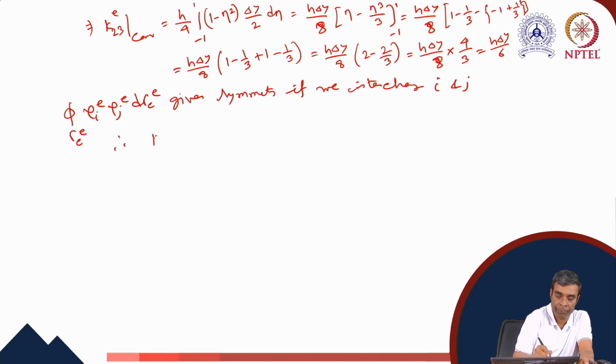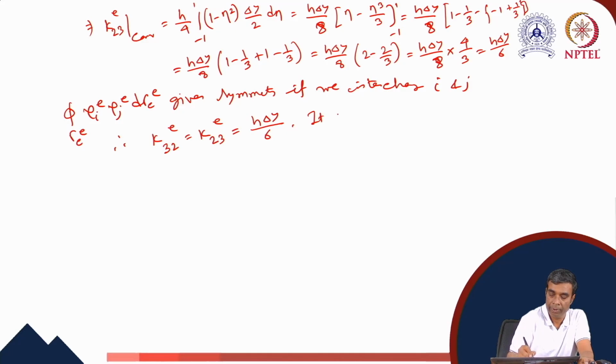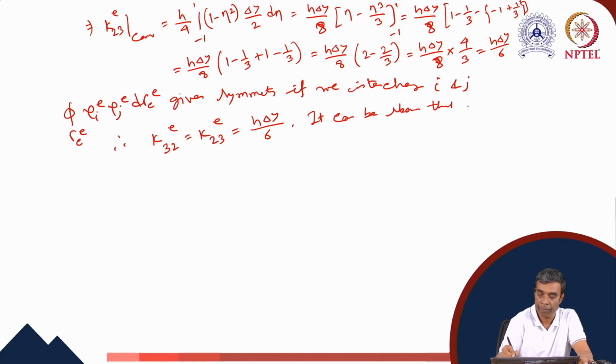Therefore K32E equals K23E equals H delta y by 6. It can be shown that K33E convection equals K22E convection equals H delta Y by 3.